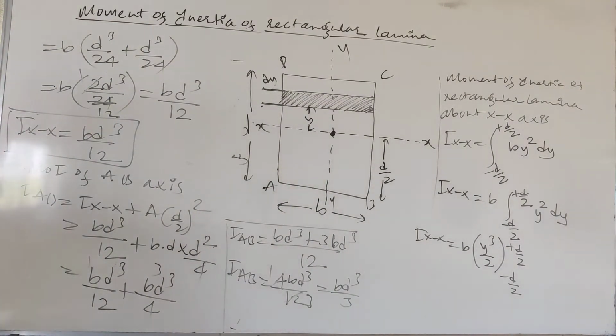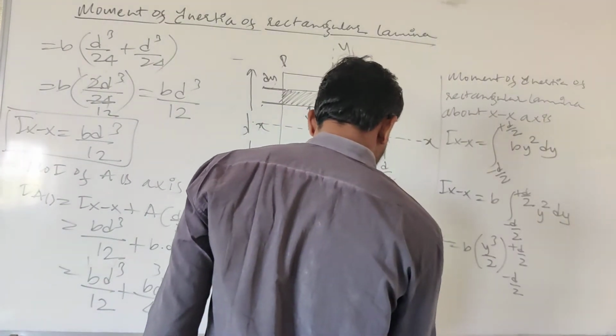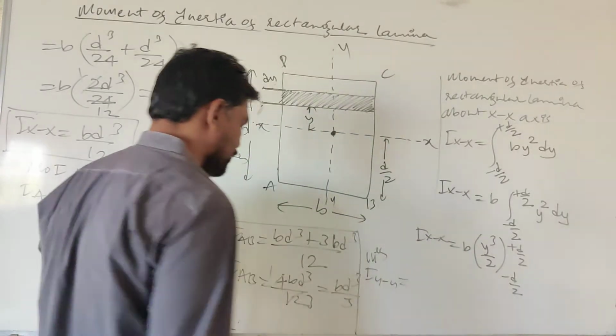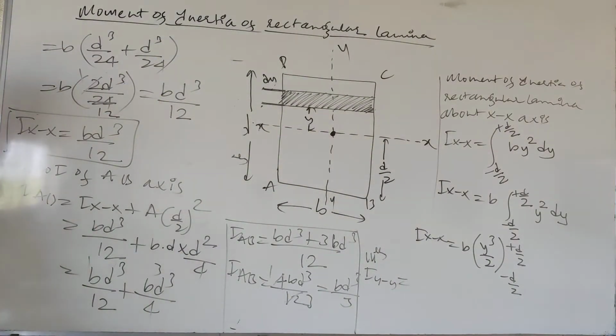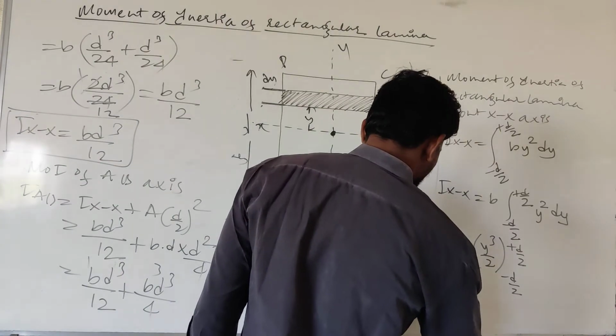So similarly IYY is equal to, see what happens, similarly same here, b d cube divided.